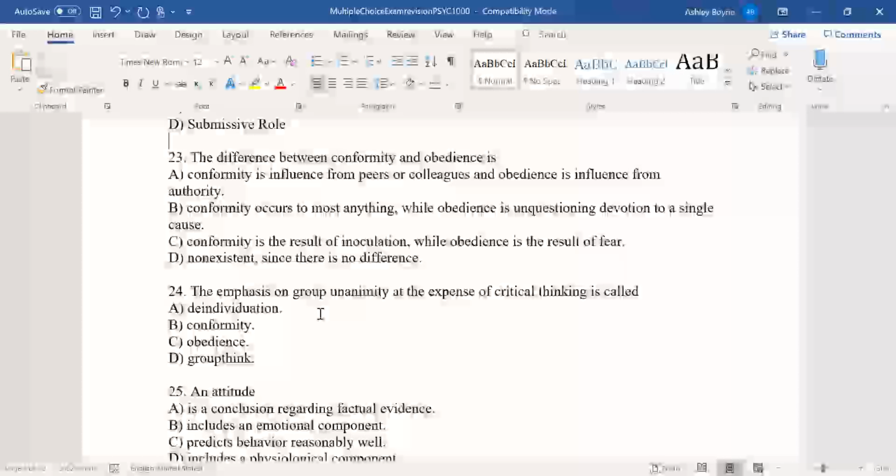But the Asch experiment was an experiment in conformity. Basically, Asch had one person come in to sit among a group of people, and it was a multiple choice test, so to say.